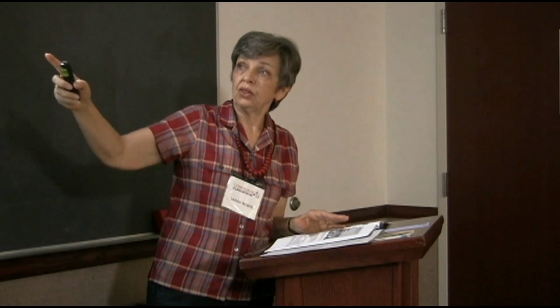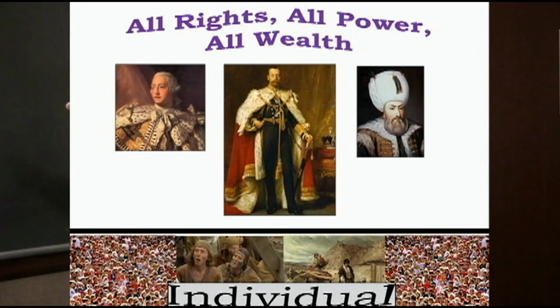So if you look at other countries at the time of the founding fathers, the kings, the tsars, the sultans, they all had different kinds of names, but they ruled. They had all the rights, all the power, and all the wealth. What was going on with individuals, with the masses of people? How were they living?